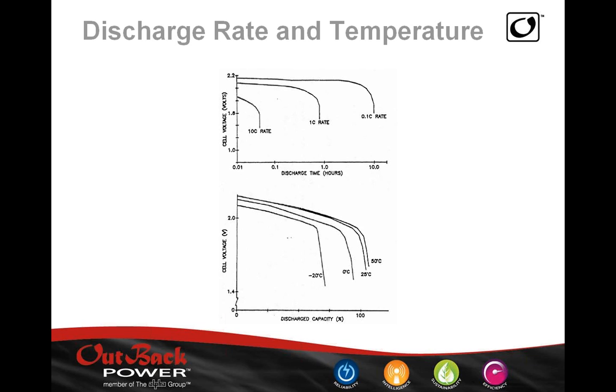For example, if we have a 100 amp hour battery that will give us 100 amp hours at 25C or 77F, and our ambient temperature dropped from 77F down to, let's say, 40F, we're going to get a very different capacity. We need to take that into account as we're sizing the system and the battery bank, so that the batteries can serve the loads at the lowest expected temperature.